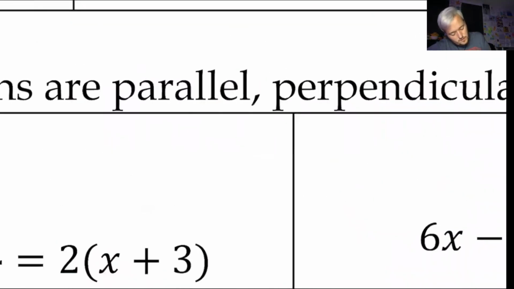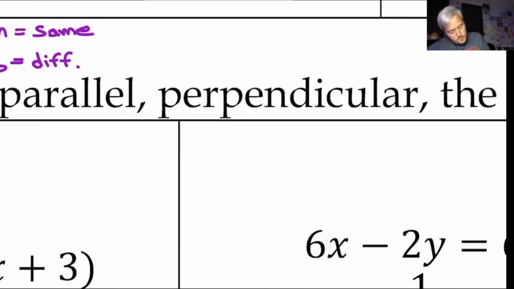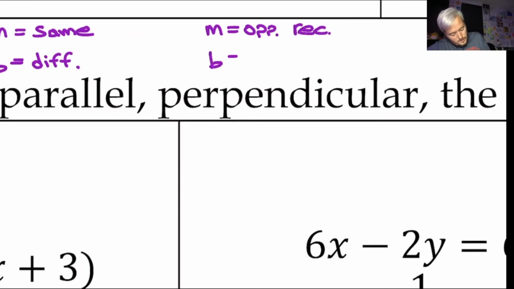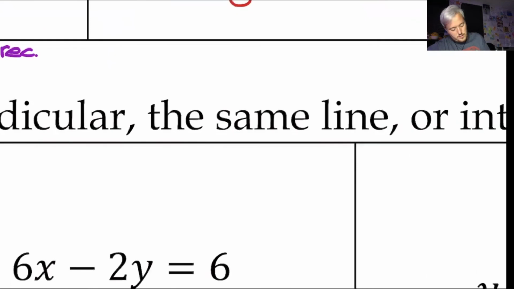All right, so for parallel, remember the slopes are the same, and then the b values are different. Whereas perpendicular, the slopes are opposite reciprocal, and the b values don't matter. If it's the same line, that means the slopes are the same, and then the b values are the same.